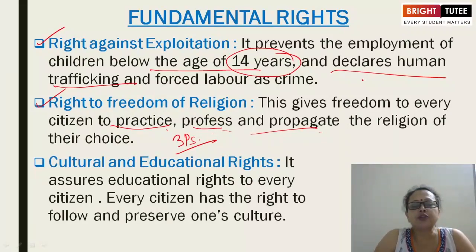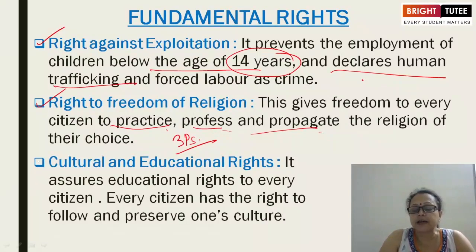Secularism is also based on the same principle, the same philosophy. We do not have any state religion. The government cannot favor any particular religion. So according to this right, every citizen has freedom to practice, profess, propagate the religion of their choice.